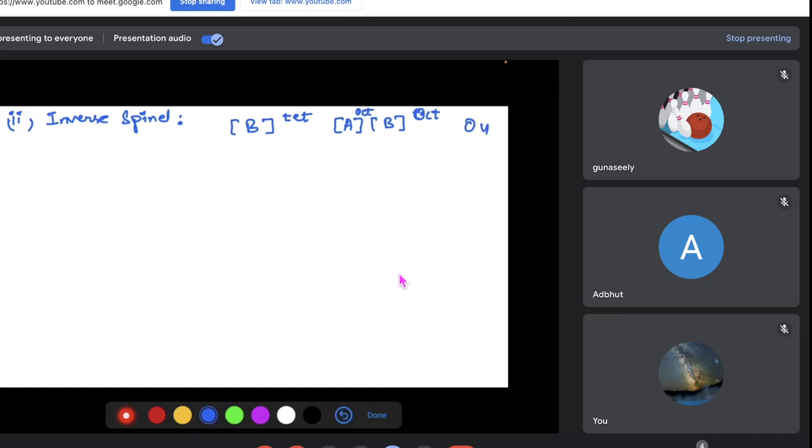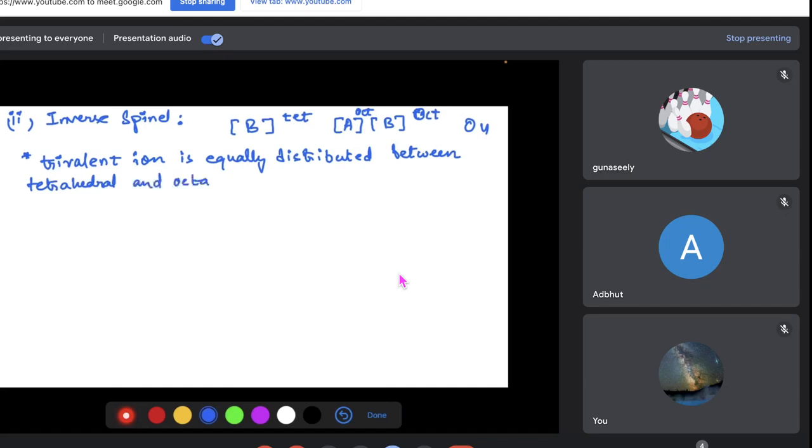So here my trivalent ion is equally distributed between tetrahedral and octahedral void.